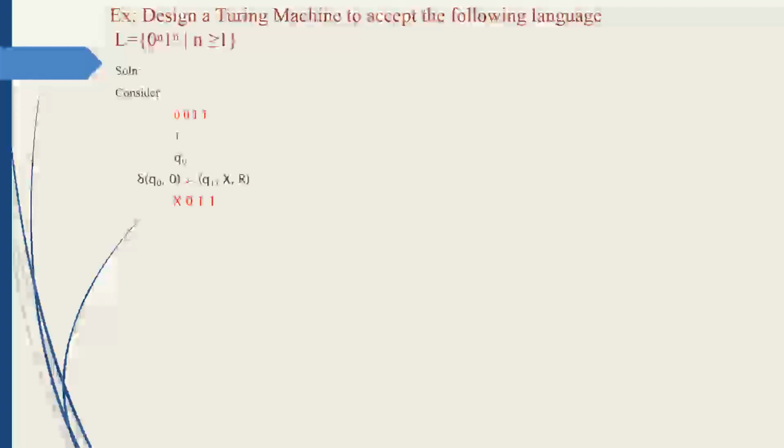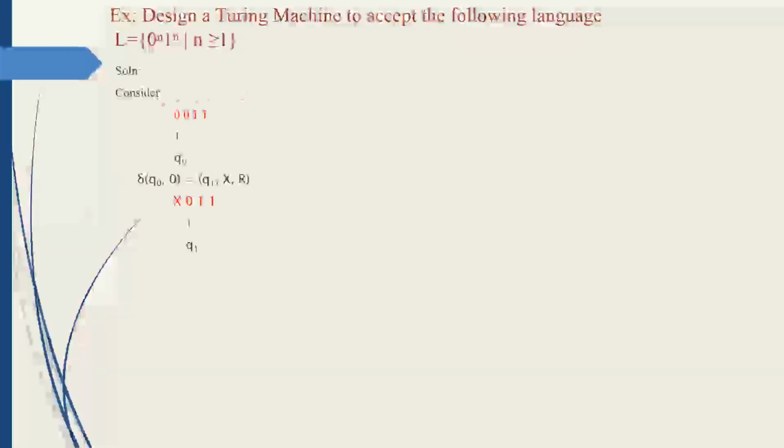See here, 0 has been replaced by x and the cursor has been moved to the right direction. Currently, you are in the state Q1. When you are in the state Q0 and input is 0, we are telling to change the state to Q1, replace 0 by x and move the cursor to the right direction.